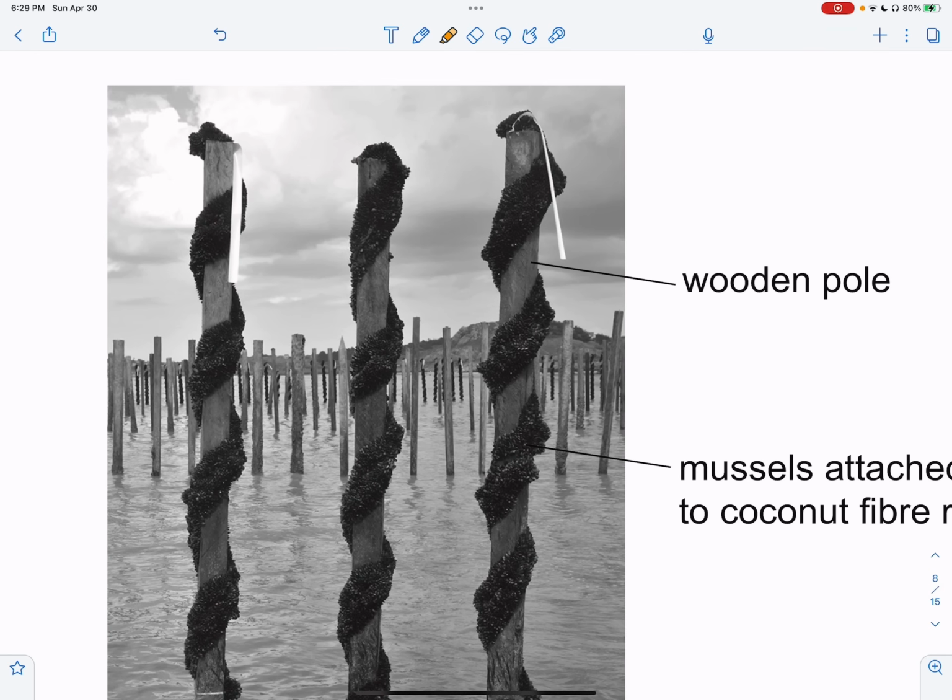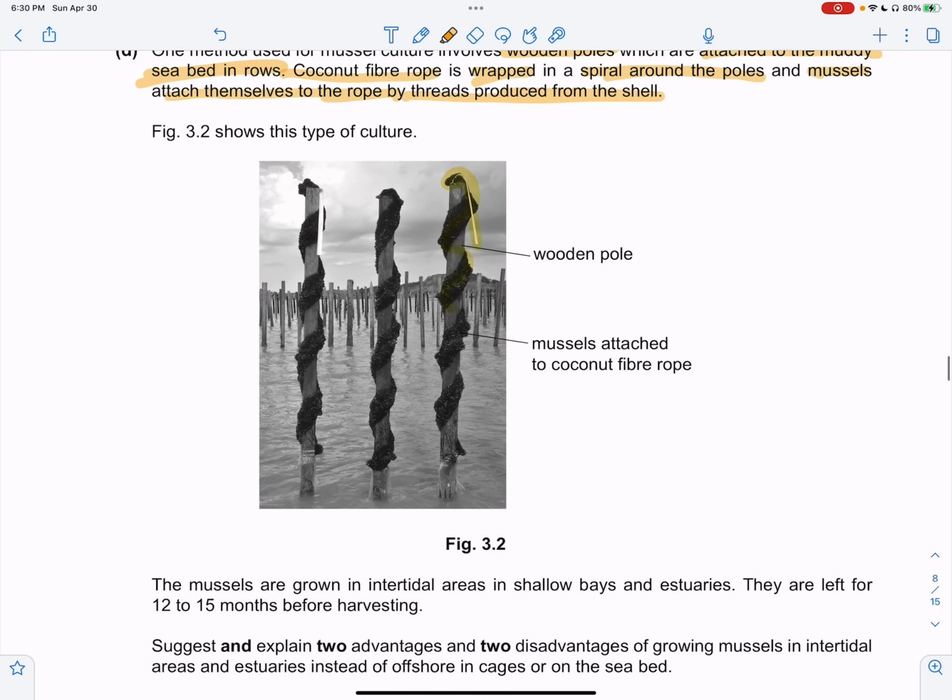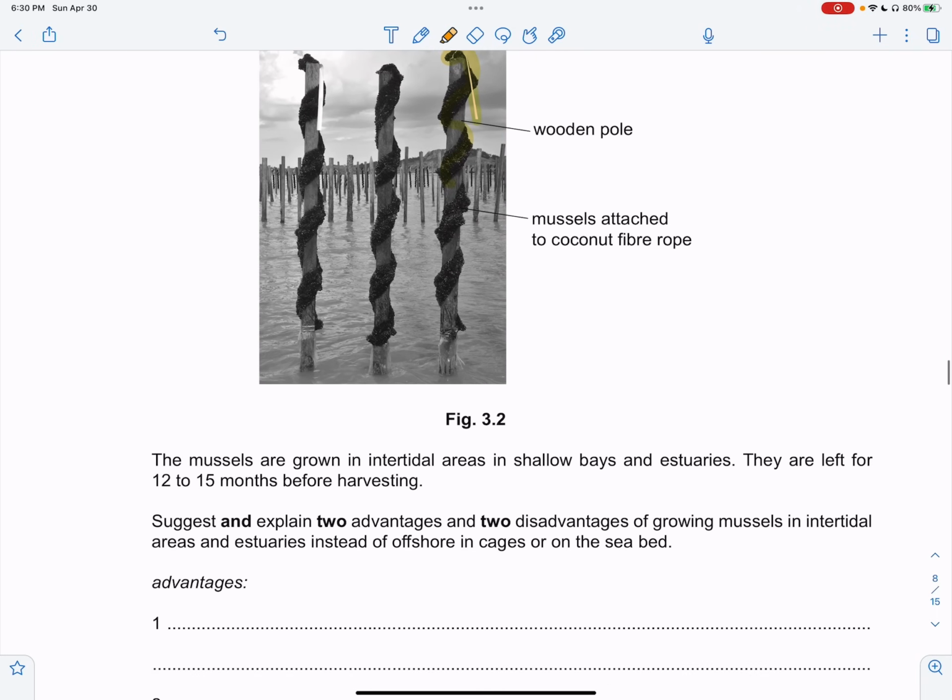It also allows them to take this long rope and maybe unwind it. They're attached to the coconut fiber, so you don't have to remove the entire wooden pole. You just remove that one strap. This is called the bouchot method.